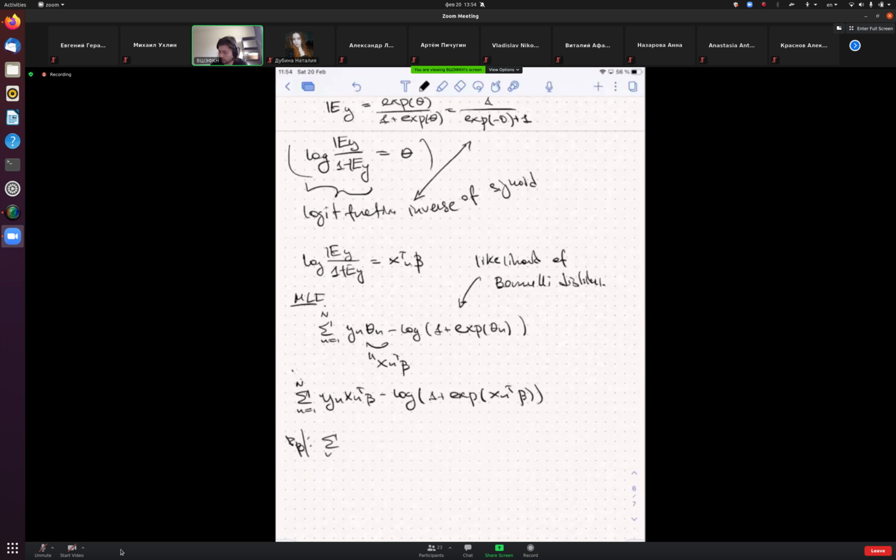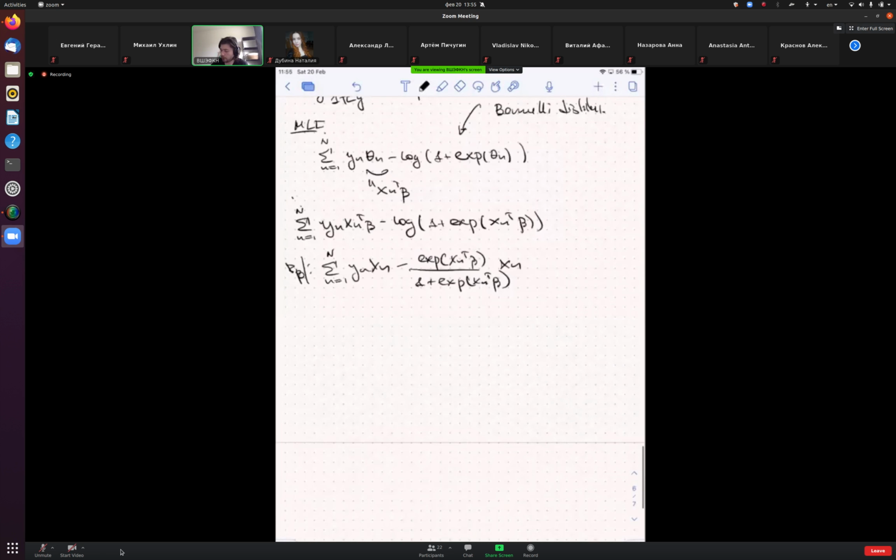We obtain this and this minus this term, and taking the derivative inside the exponential will be this, and this should be equal to 0. Again, we can note that we obtain the same result actually. Here's our gradient.